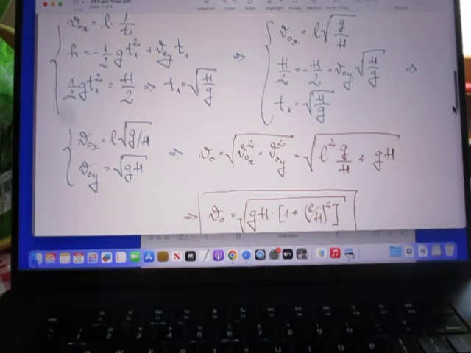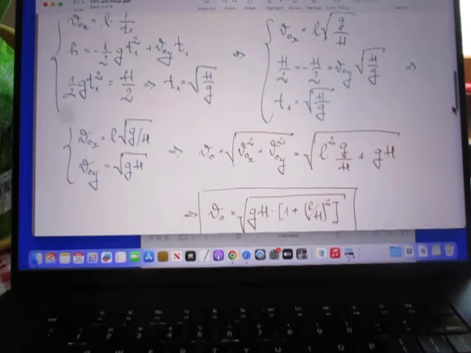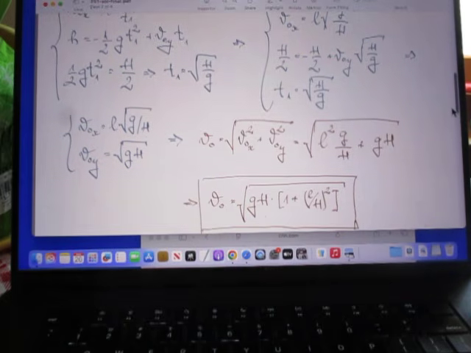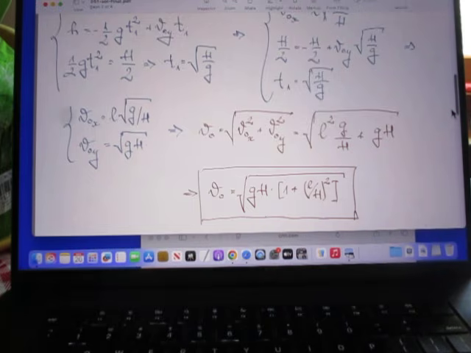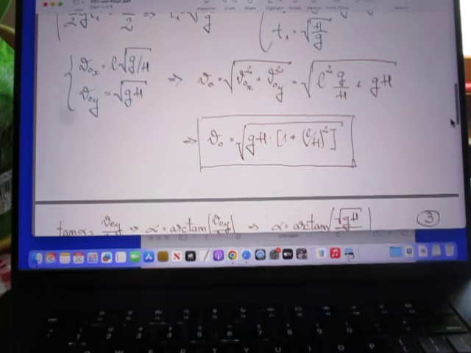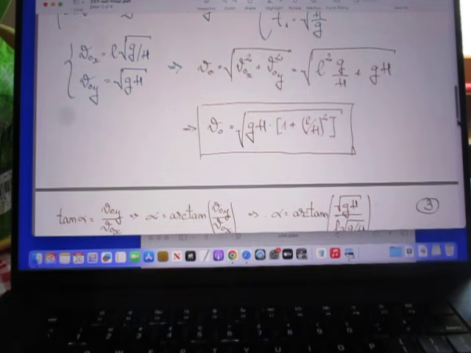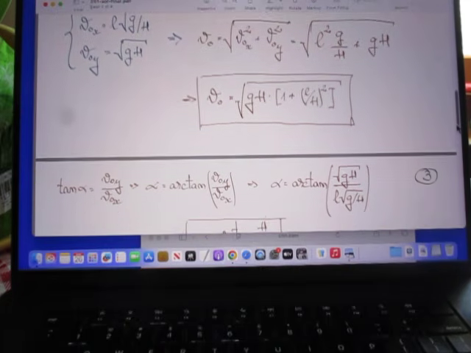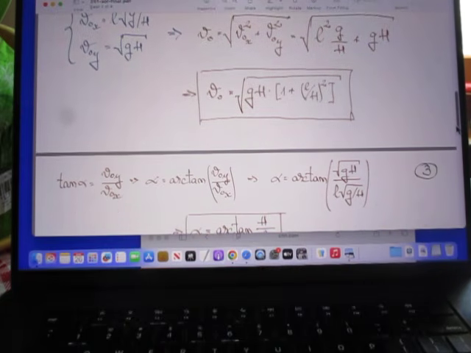He finds V0x of the bullet that I fire. He finds V0y of the bullet that I fire. And so he finds the V0 of the bullet that I fire. So that's the correct answer for the speed of the bullet.